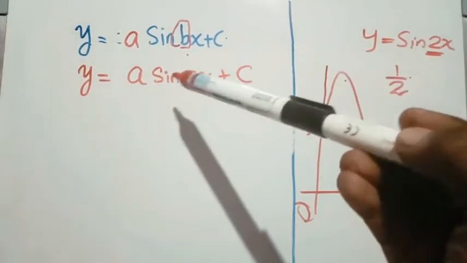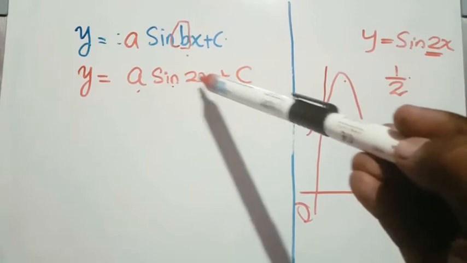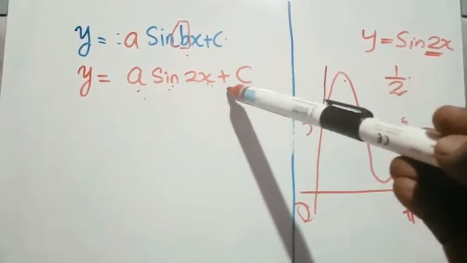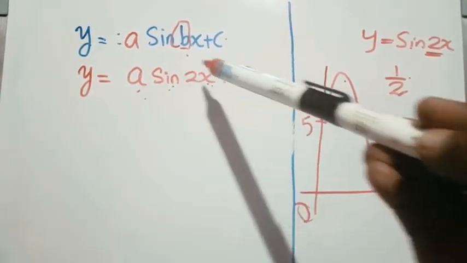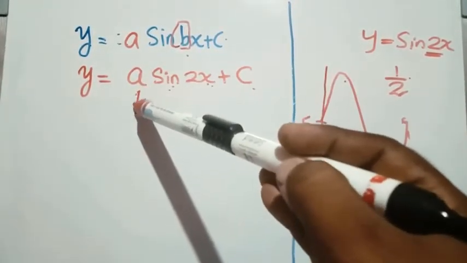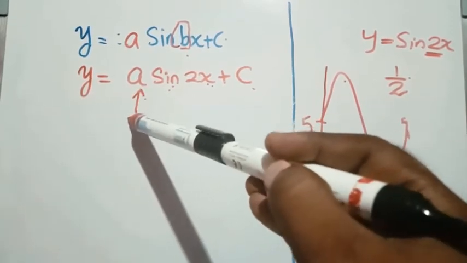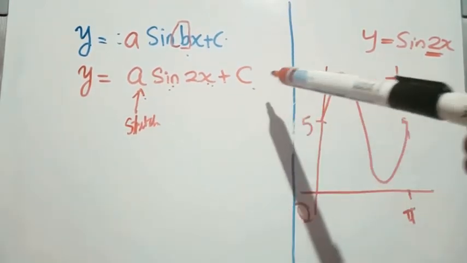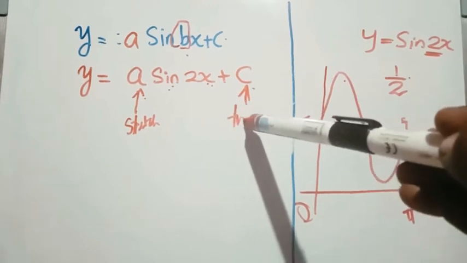Now, a sin(bx), that means a sin(2x), as we found b as 2, plus c has two transformations, where a sin(2x) is a vertical stretch and this is a vertical translation.